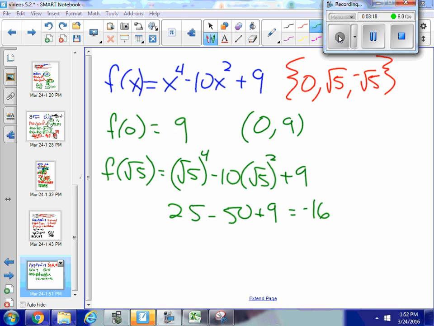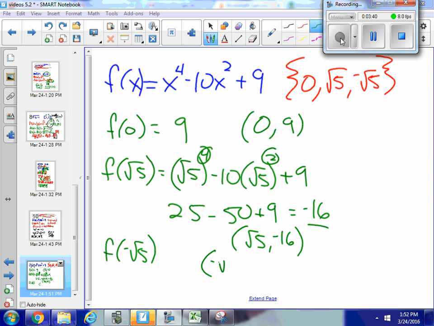So I have the point radical 5 comma negative 16. And f of negative radical 5, well, I can see since I have even powers, that's also going to be equal to negative 16. So I'm going to have the point negative radical 5 comma negative 16.